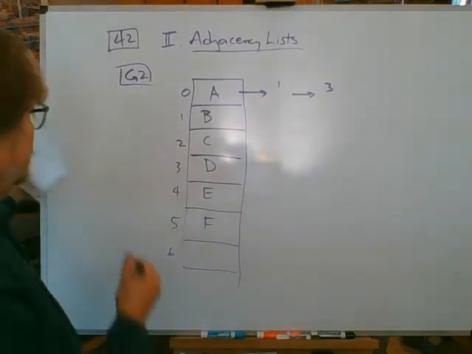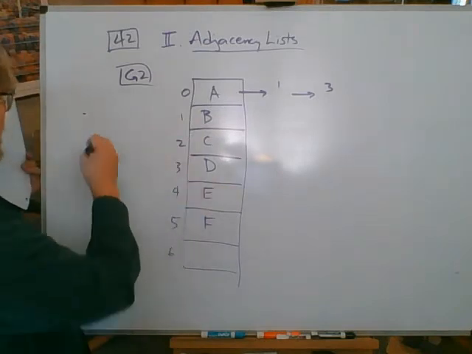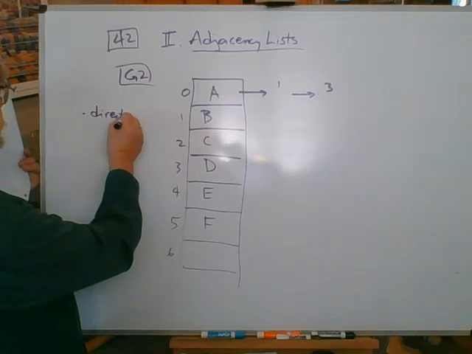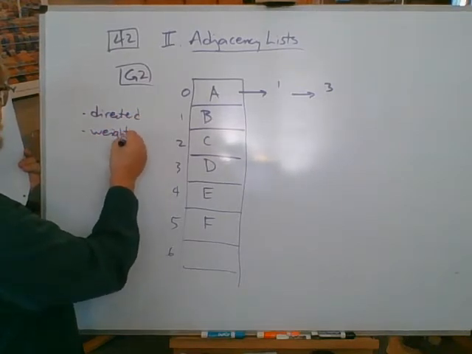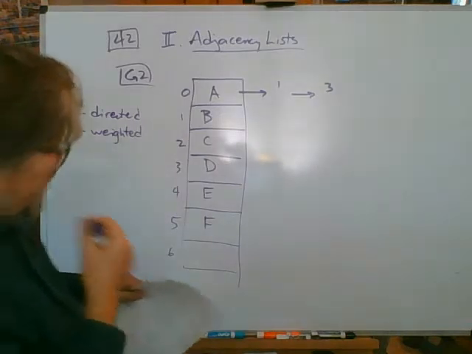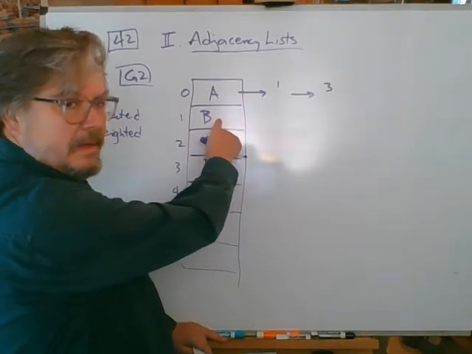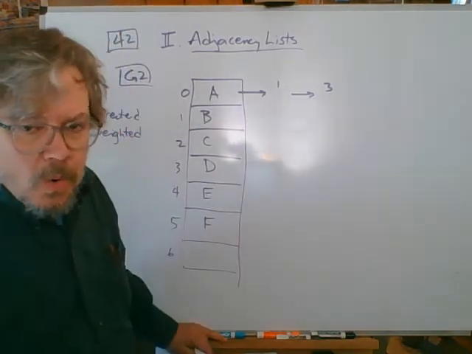First of all, for reference, while you're thinking about what's missing that needs to be represented in this graph, this is directed, but it's also weighted. Directed means, okay, from A I can go to 1. That does not imply that B is going to have an arrow here going back to node 0.